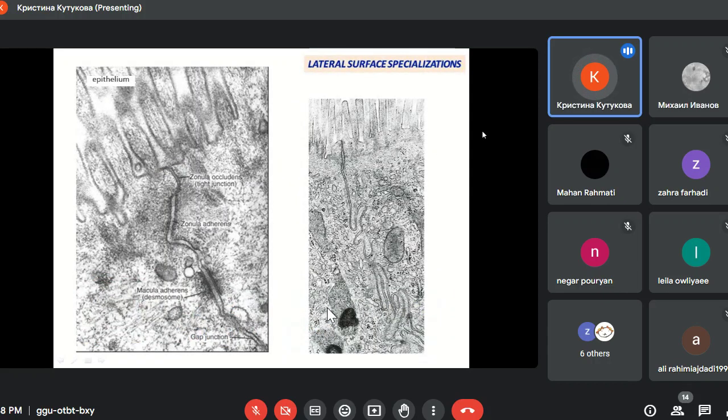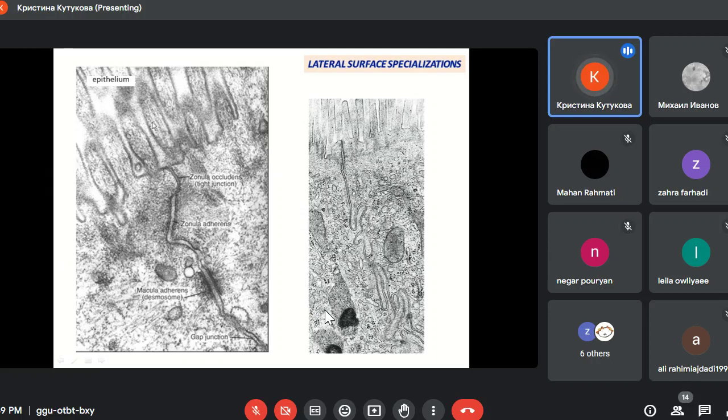Here you can see how these specific cell junctions look when we see them on our electron microscopy pictures. These are pictures that you will see during colloquium and test, so look upon them very carefully. So in the picture on the left you can see top parts of two adjacent epithelial cells of the intestine, because they have microvilli.